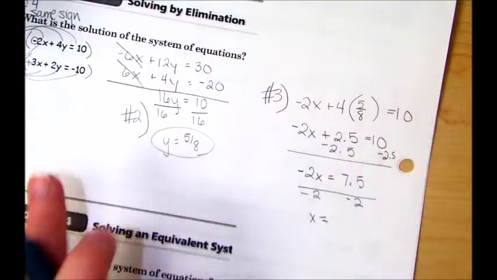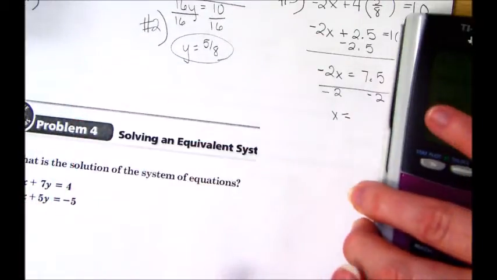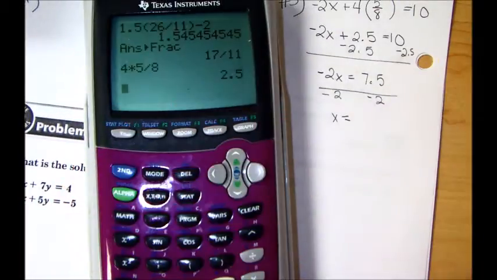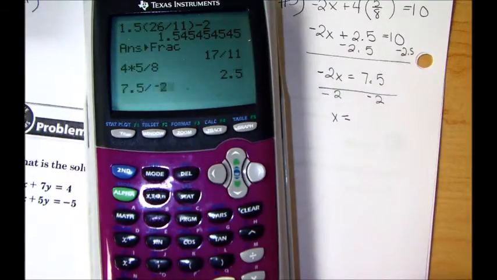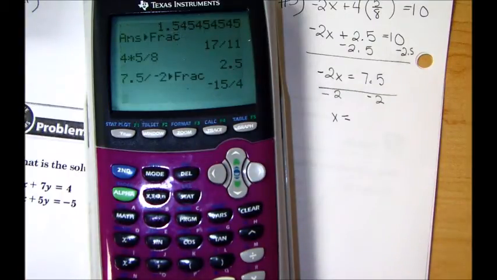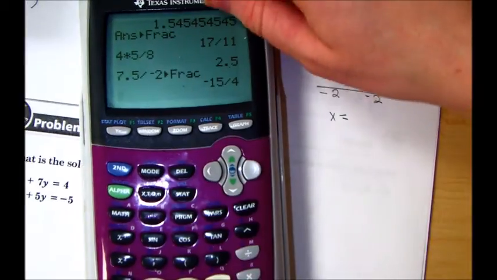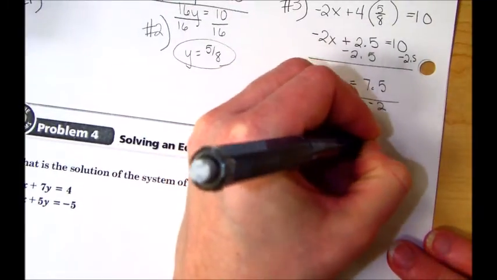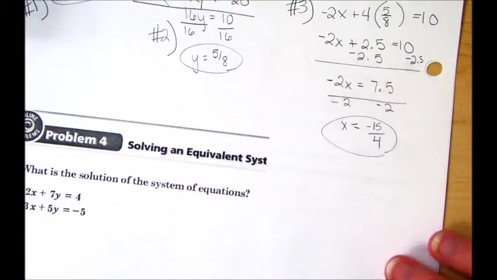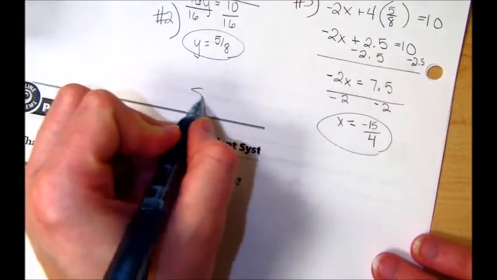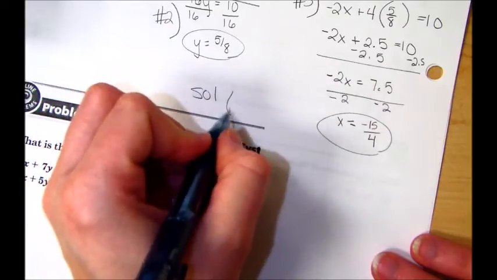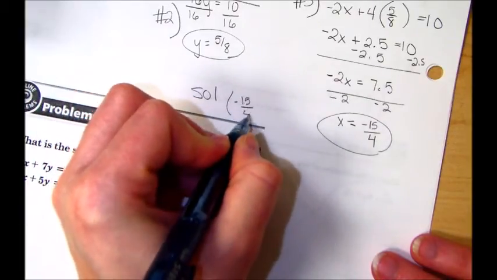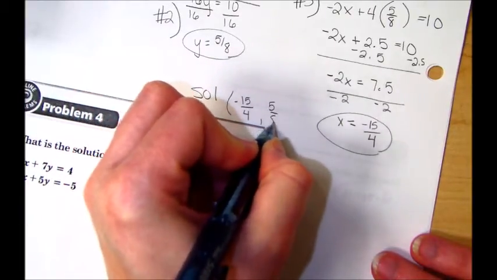You know me by now. I like final answers in fractions instead of decimals. So we're going to do 7.5 divided by -2. And we get -15/4 for x. If you have to use a decimal, I guess you could, because this would be a clean-cut decimal. So the solution is x is negative 15 over 4, comma, y is 5 over 8.